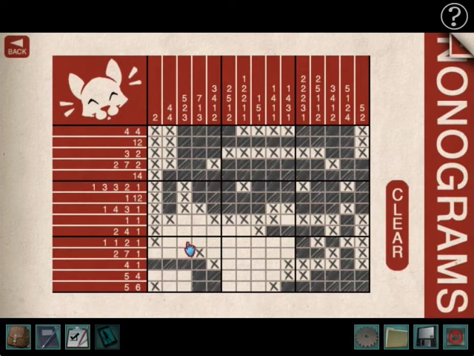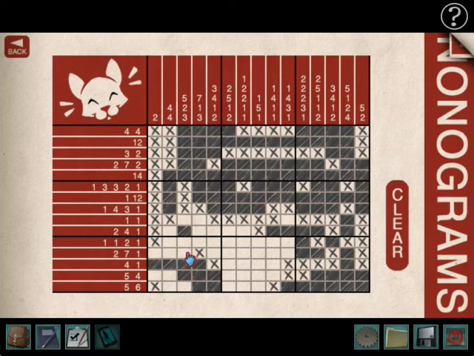But for this, that has to be filled in. And I believe this does too, right?